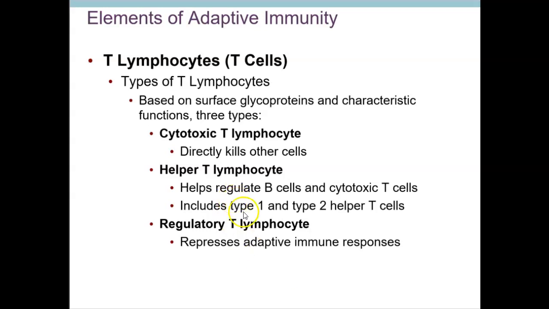So there are even different types of helper T cells, but they are all involved in coordinating the whole immune system. There are also regulatory T lymphocytes, and these ones are important because basically the cytotoxic T lymphocytes get kind of excited and they go out and go on a death rampage, and that's okay when there's an infection.